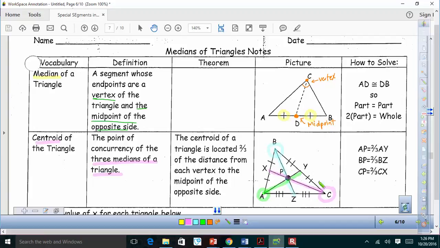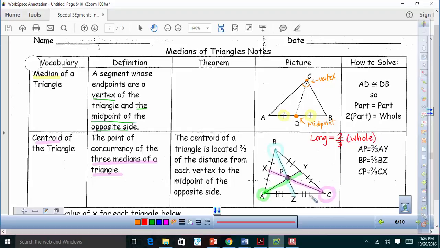What the centroid tells me is my long piece, for instance, A to P, is going to be 2/3 of the length of my whole. Okay? And so the formula, generically, because this is the formula for each of these, is my long side equals 2/3 of the whole.